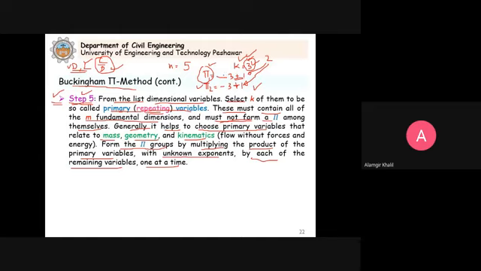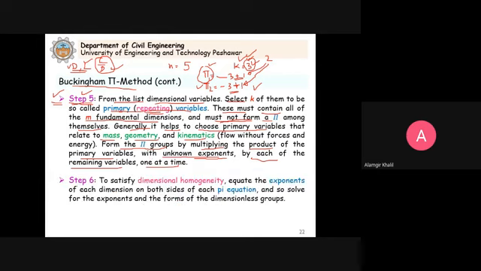So the 4 variables you have to group with unknown exponents like we did in the Rayleigh method, and 4 here. So it means 3 with the one remaining, 3 with the other remaining, like this. If we have 5 variables and 3 are to be selected as repeating, this is how we have to proceed. But the numbers can change from problem to problem. So we will solve a problem, and you will better understand what I explain here.